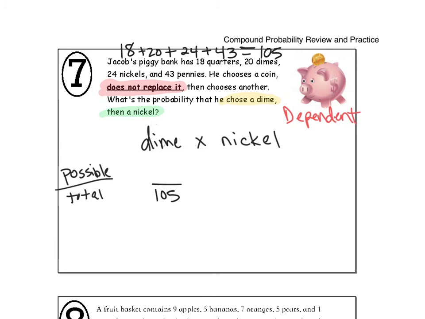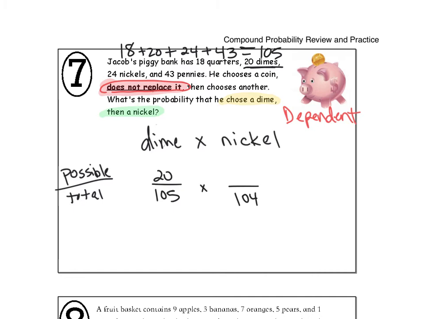And then he's going to choose that dime. So how many dimes did we have? 20 dimes. All right, but let's remember, he is not going to replace, okay? So now instead, when we're pulling our nickel, instead of 105 coins, if he didn't replace that dime, we now only have 104 coins.